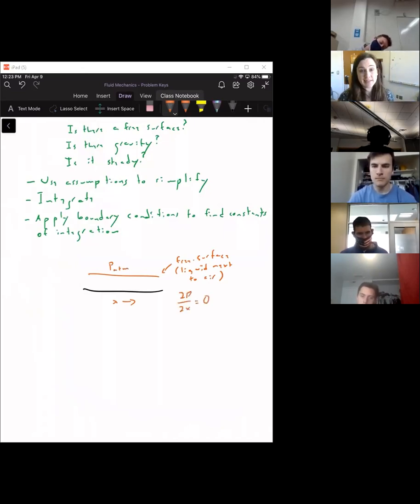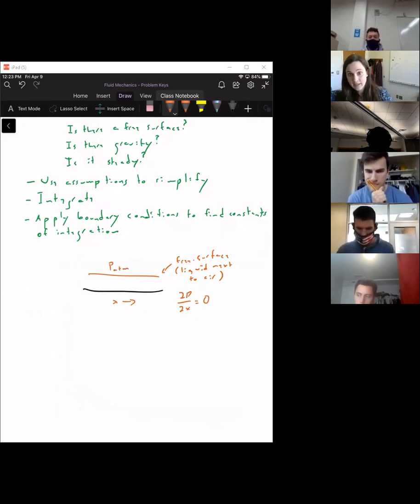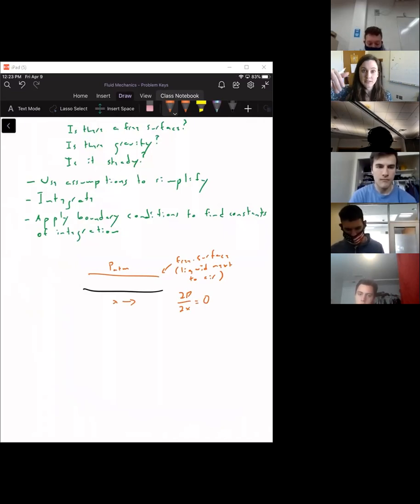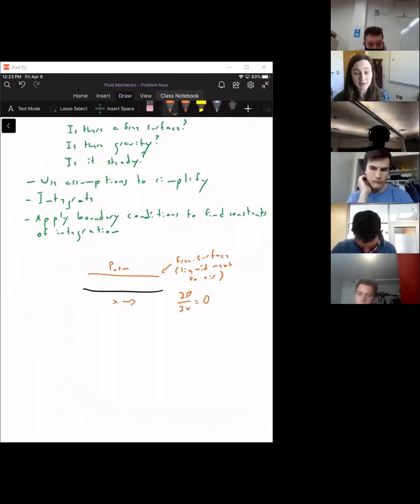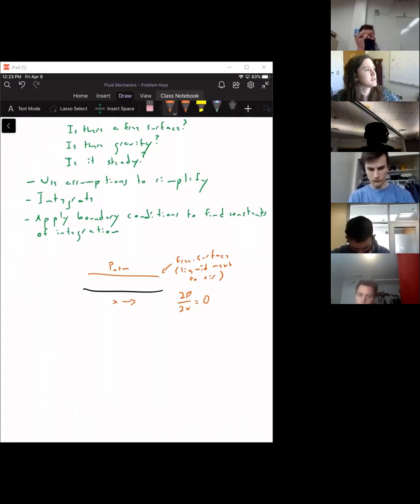So that's a simplifying assumption, but I want you to know that you can make that assumption if there's a liquid surface against the atmosphere. So I wouldn't tell you you can assume dp dx is equal to 0. I would want you to know that because it's a liquid surface against the atmosphere, it would.